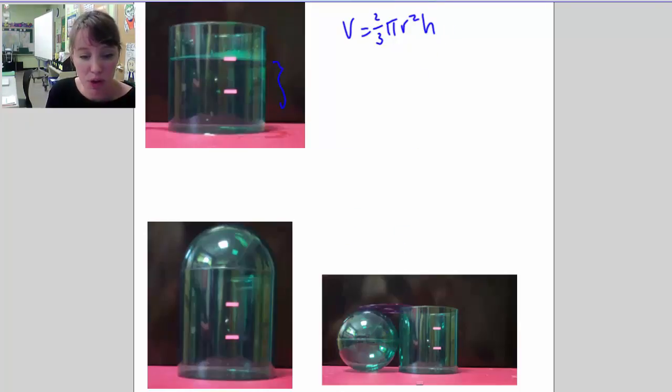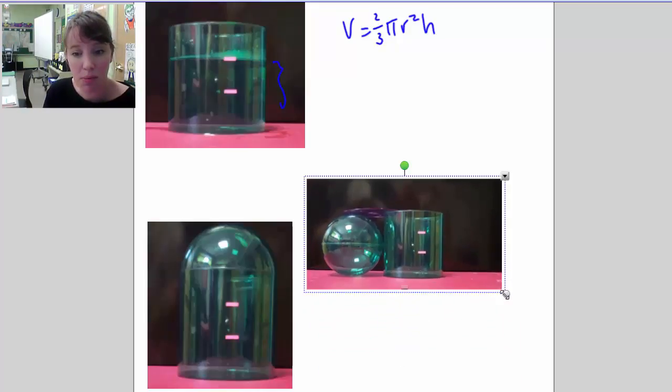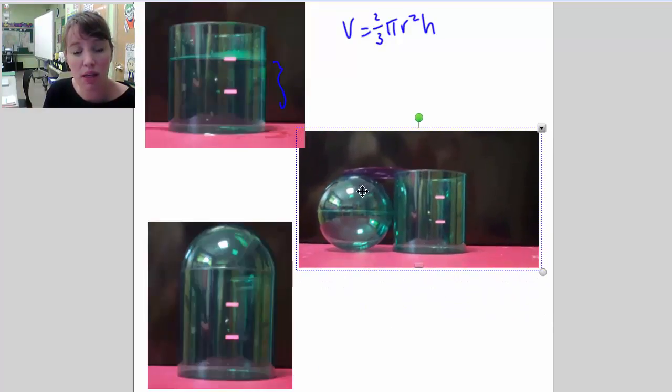So if we look at this shot right here, let me make it a little bit bigger, it's showing you that the height of the cylinder is the same as the height of the sphere, essentially. This horizontal plate is showing you that they are the same height.